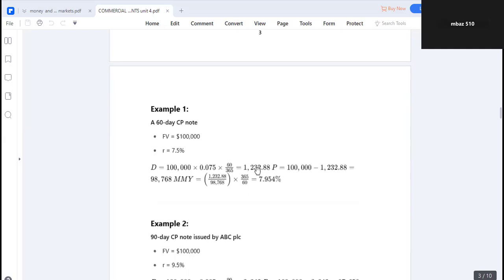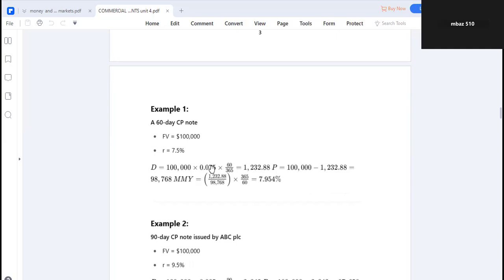Suppose we have a 60-day commercial paper, whose face value is 100,000 and the interest rate or discount rate is 7.5%. We're asked to calculate the money market yield.